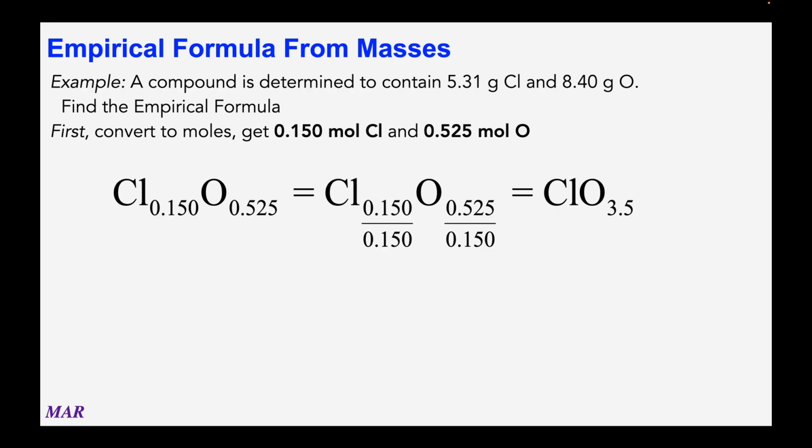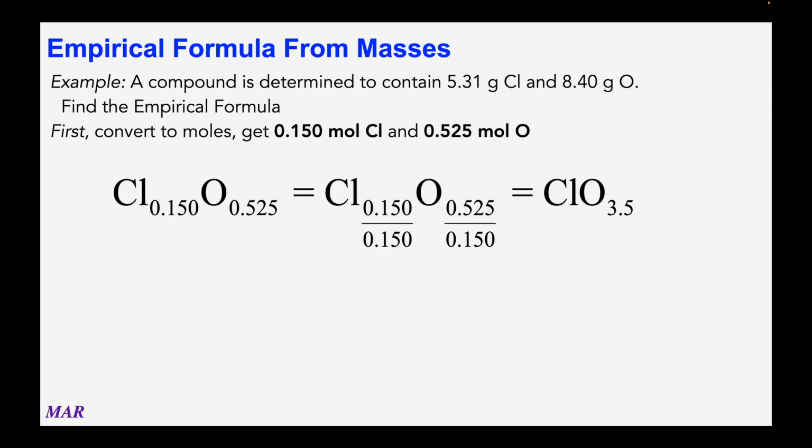And this would be a good thing to practice to make sure you can get this. I'm going to start kind of cheesing over some of the details because I want you to be able to do this yourself. And likewise for oxygen, 8.40 divided by 16.00 will get you 0.525 moles of oxygen. So see if you can do this yourself. Make sure you're good.